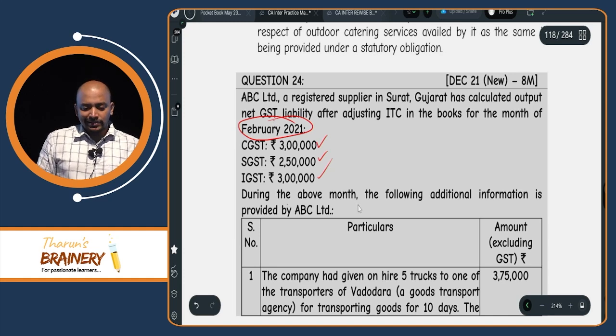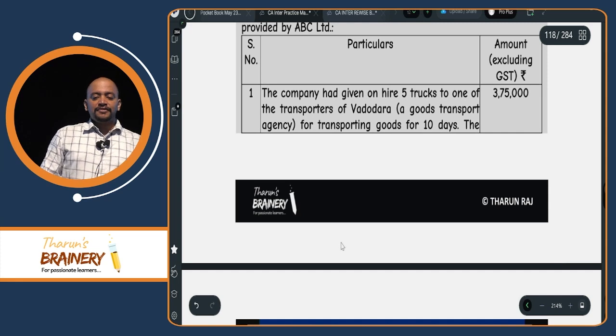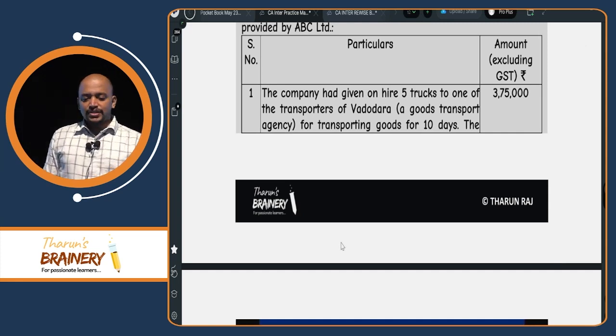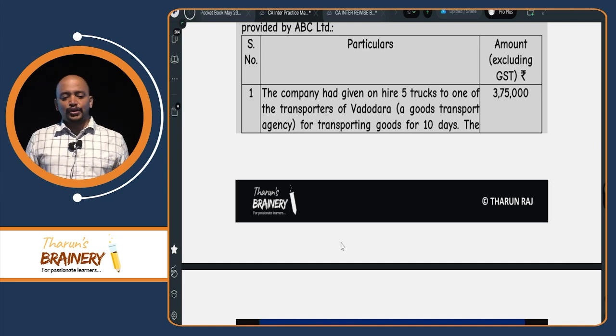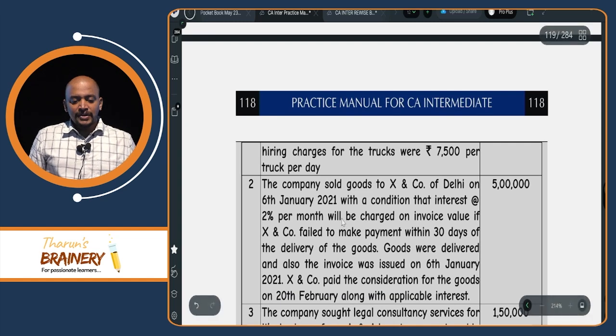During the above month, the following additional information is provided by ABC Limited. The company had given on hire 5 trucks to one of the transporters of Vadodara, a goods transport agency, for transporting goods for 10 days. The hiring charges for the trucks were 7,500 per truck per day.